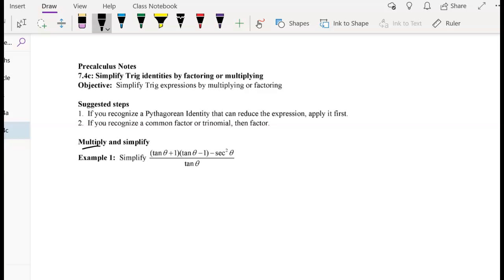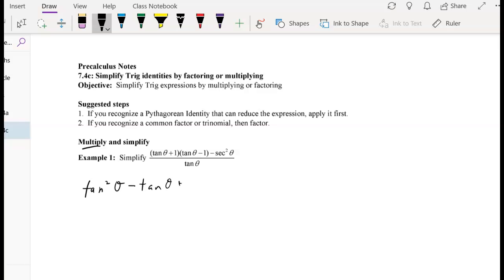So we're going to multiply tangent of theta plus 1 times the tangent of theta minus 1. You might recognize that as the difference of 2 squares. The first times the first is the tangent squared of theta. The inners and the outers are both going to be the same but opposites. The outer times the outer would be tangent times -1, that's minus the tangent of theta.